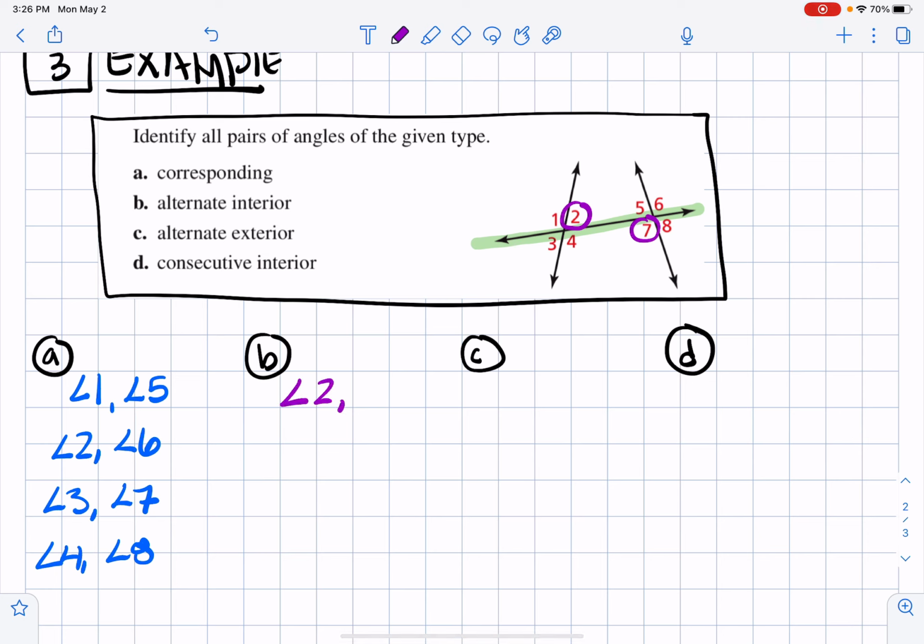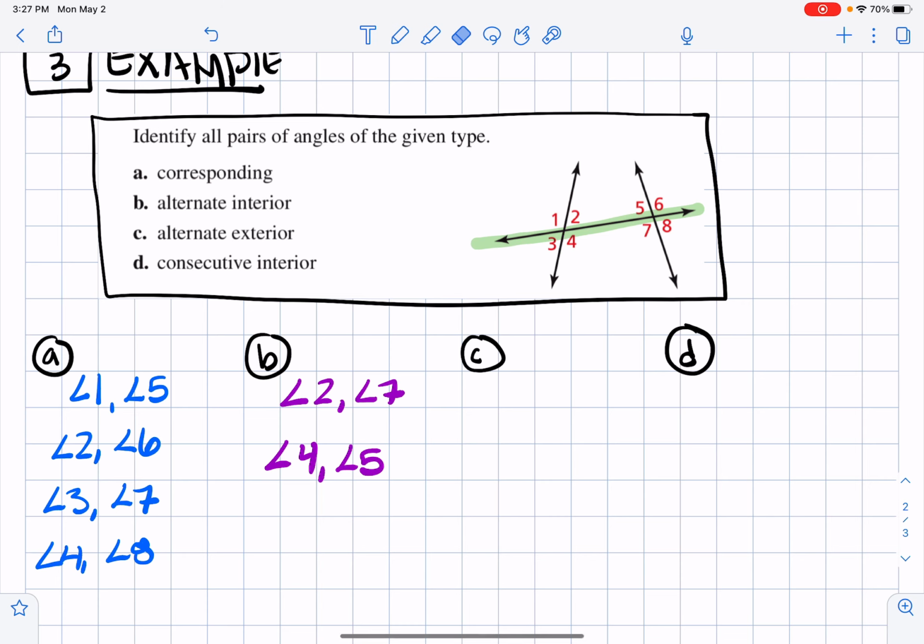So angle 2 and angle 7. They're on alternate sides of the transversal, but inside the two parallel lines. There's another option. You could have also said 4 and 5. Angle 4 and angle 5 are also alternate interior. Okay, that's that one. Let me erase this for you now.